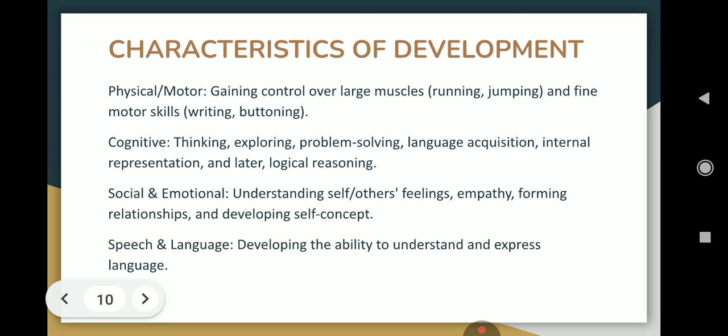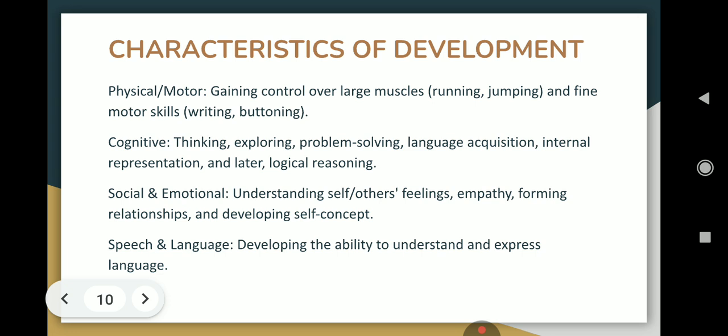Next comes the social and emotional: understanding self, others' feelings, empathy, forming relationships, and developing self concept. So like recognizing emotions like happiness, anger, fear, and later on having a self concept. So what can I do, what I cannot do, what am I?